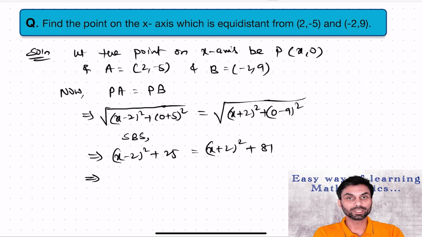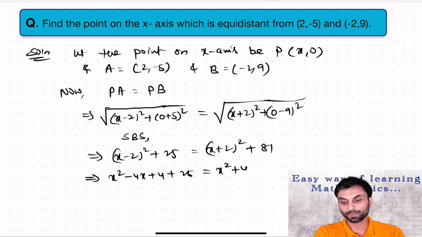Now if we expand using the (a minus b) and (a plus b) whole square identities, we get x square minus 4x plus 4 plus 25 equals x square plus 4x plus 4 plus 81. So here x square and 4 and 4 get cancelled.